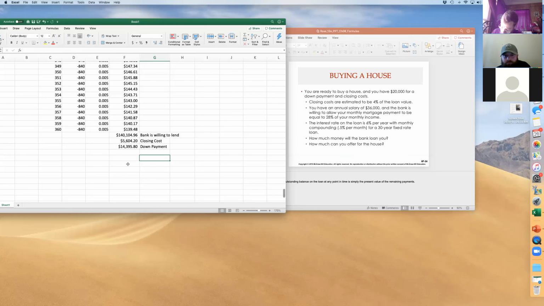All right. So you take your down payment. This is the house value that you can actually go out and buy. The house value is going to be the amount that the bank is willing to lend to you, plus your equity. Oops, not your closing cost, your equity, which is the down payment that you bring to the table, right?